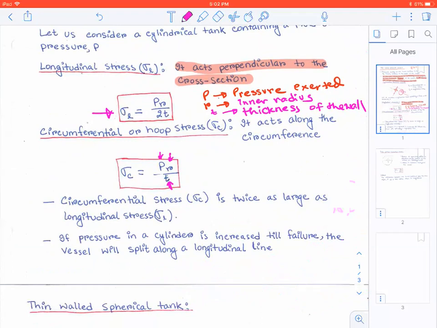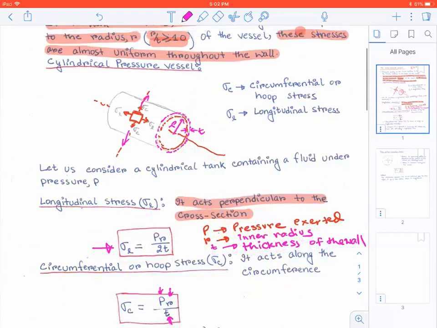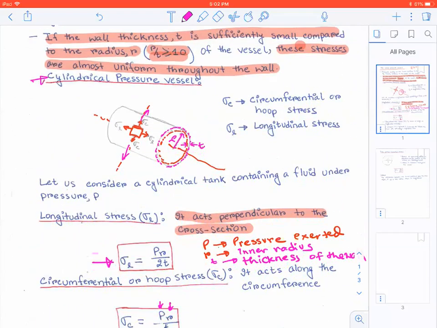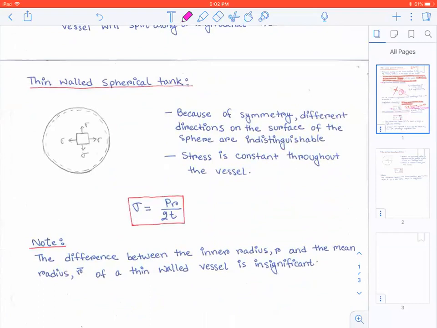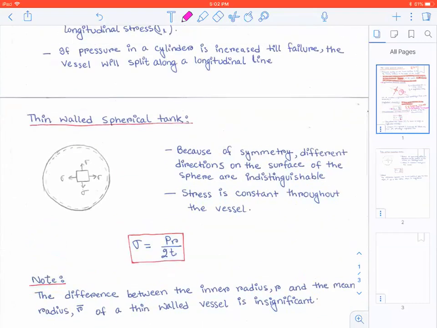All right. So this is for a cylindrical pressure vessel. You may not have a cylindrical pressure vessel. You may have a thin-walled spherical tank. So in that case, on the surface of the spherical tank, if you take a small element, then obviously you're going to see normal stresses on that element.